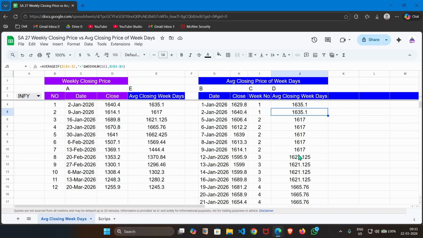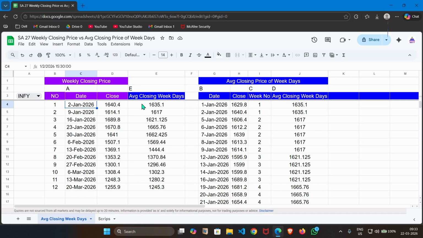Now for comparison, we bring the average closing price of weekdays from here to here. Let's see that formula. The formula is very simple. We just perform a VLOOKUP. For this date, we find the average closing price of weekdays on this side.